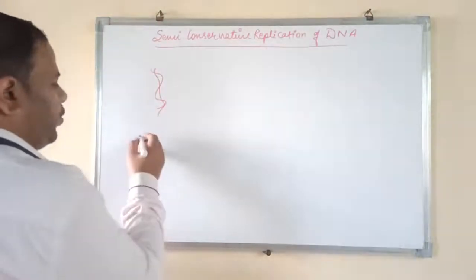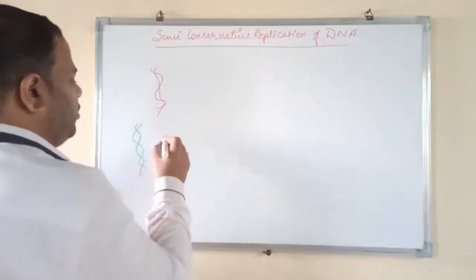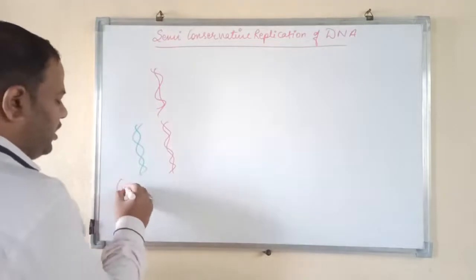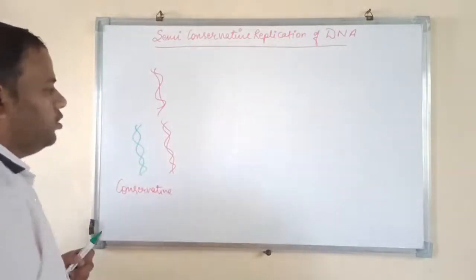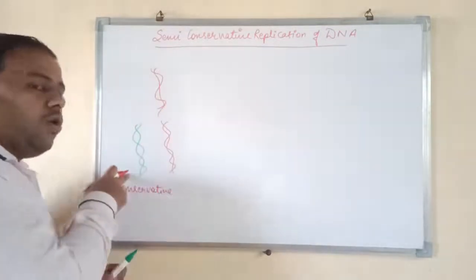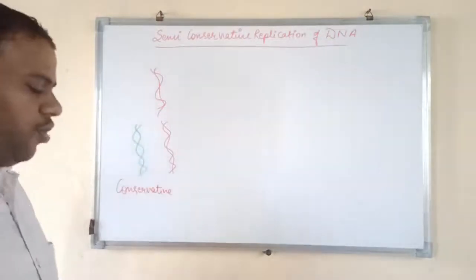Then the offspring DNA will have a new copy of DNA and the parent copy of the DNA will be conserved. So the parent DNA is conserved in one organism and an entire set of new DNA is formed. This is called the conservative mode of replication.